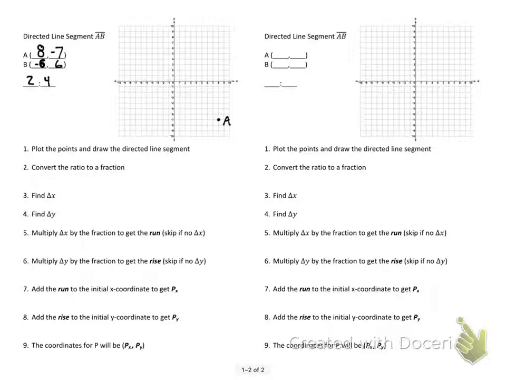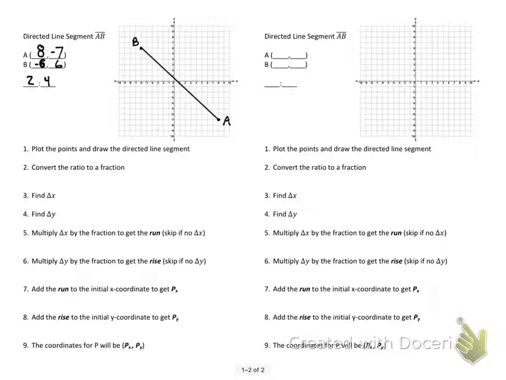Sorry about that. -6, 6 is going to be right here. Okay. And I'm going to connect this best I can. I actually have a tool I can make this work. So I have a straight line tool on my iPad.